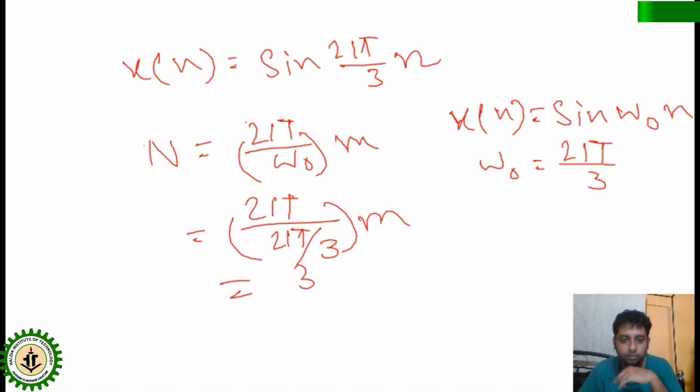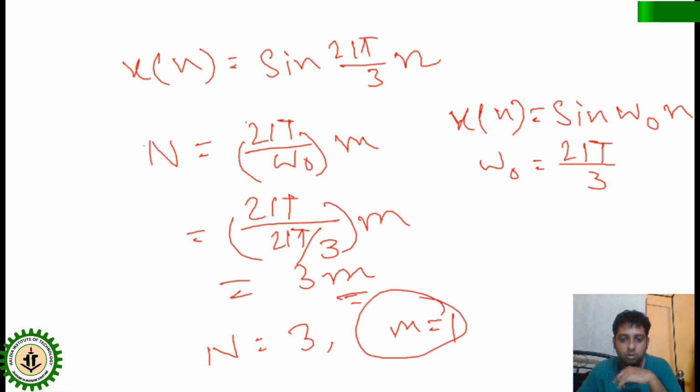Simplifying, we get 3m. Now the minimum value of m for which N becomes an integer is m equal to 1, then N becomes 3. That means the signal is periodic with a fundamental period capital N is equal to 3.